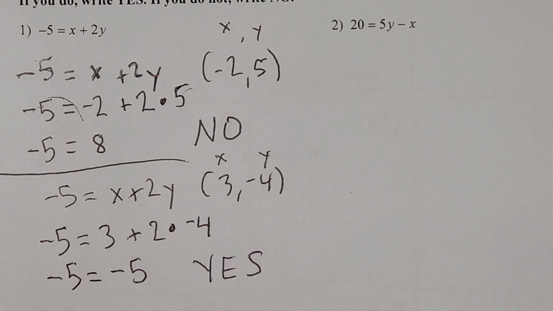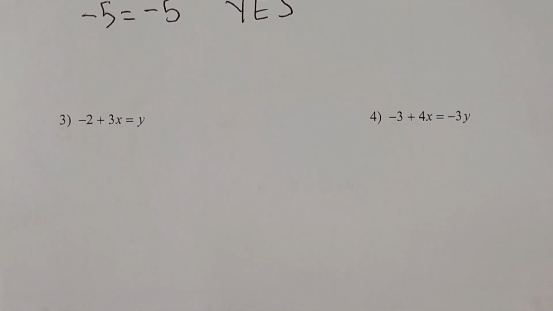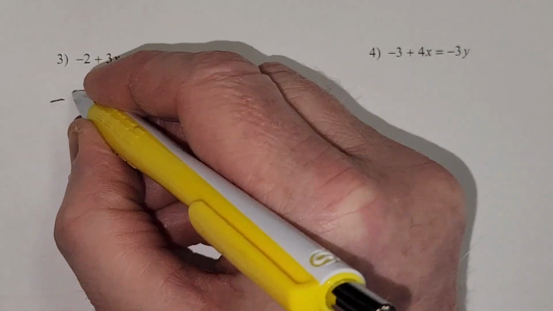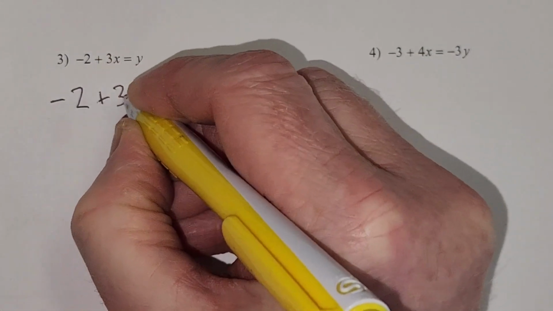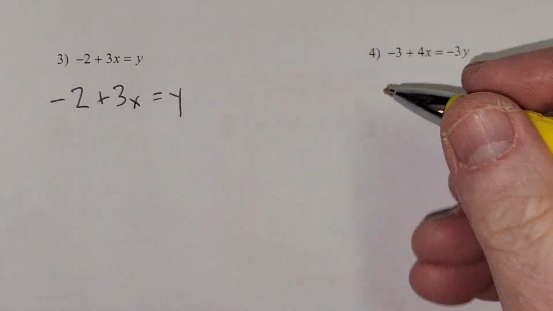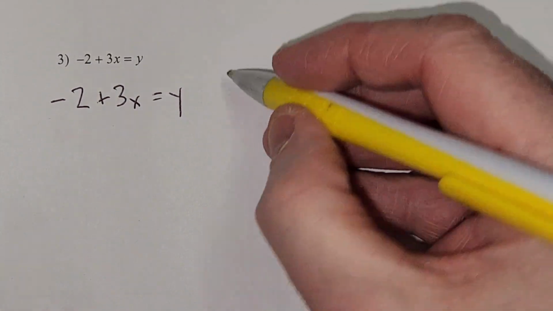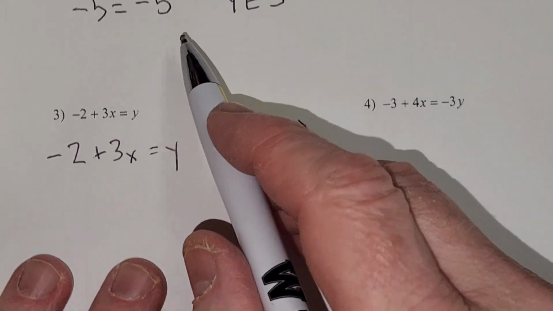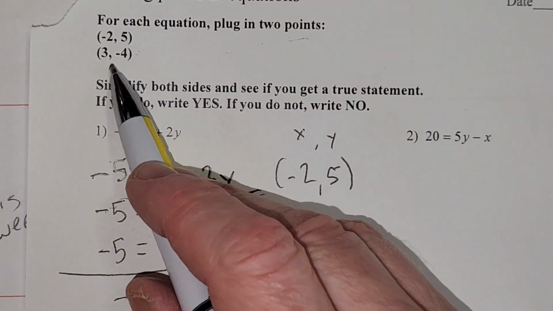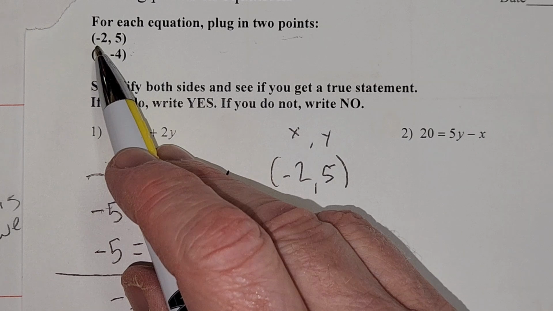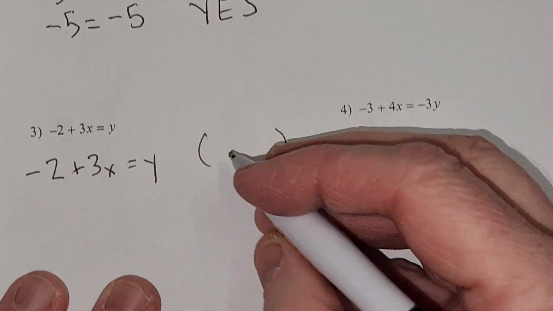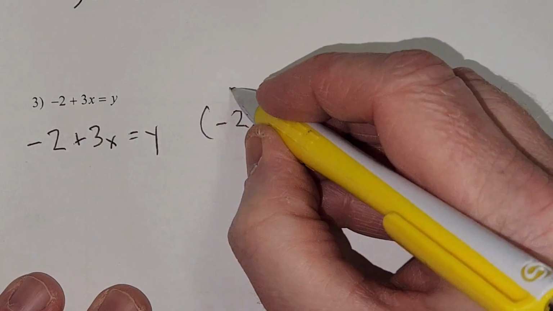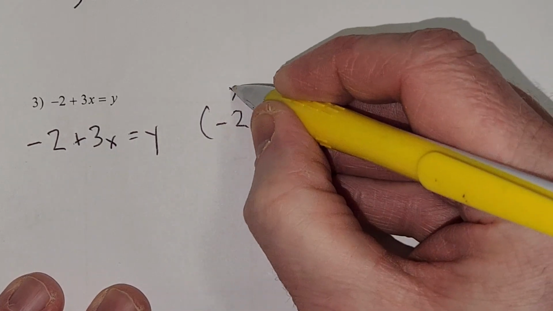Okay, so we're going to do one more, and we're going to see what we can see. Let's do number 3. So here's number 3. The first thing you're going to do is rewrite the equation. What is the point we're going to try? The very first point we're going to try is (-2, 5). That's the x value and the y value.